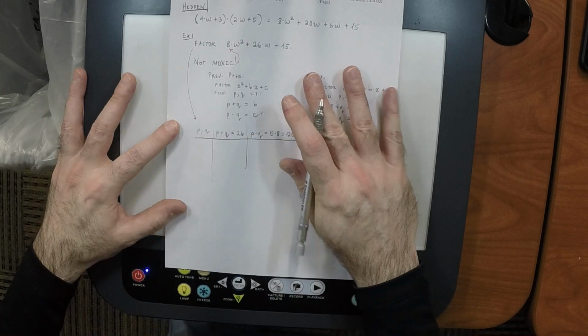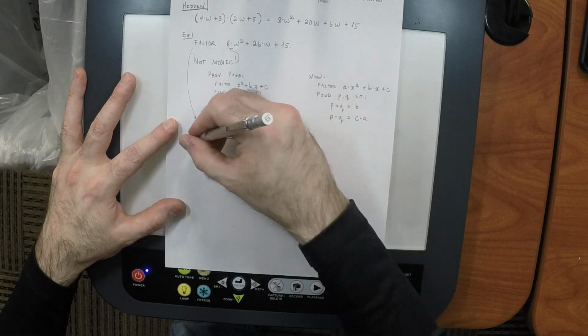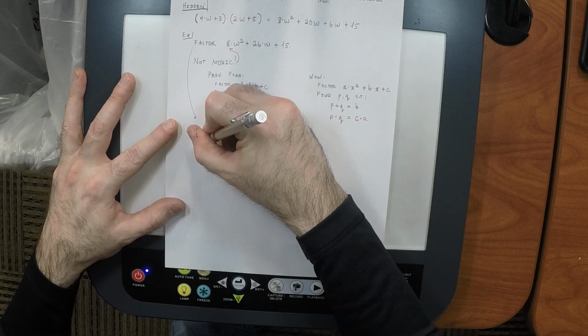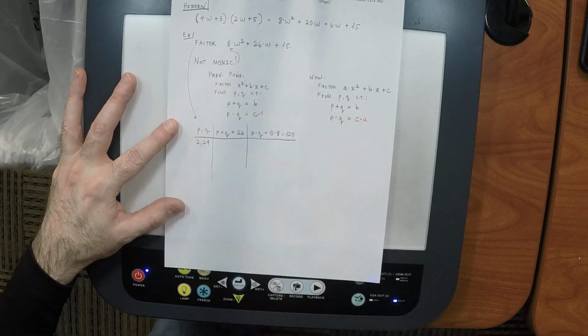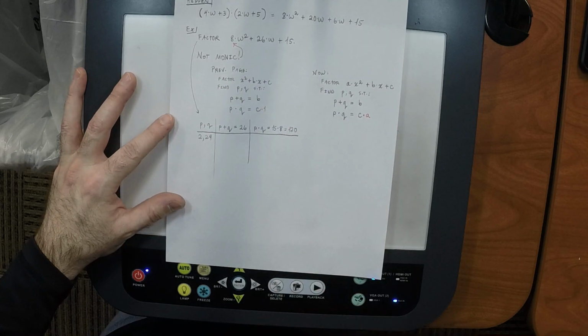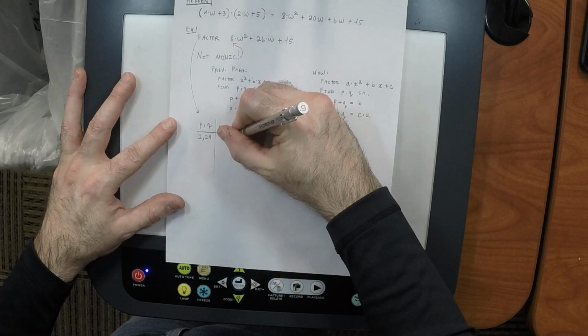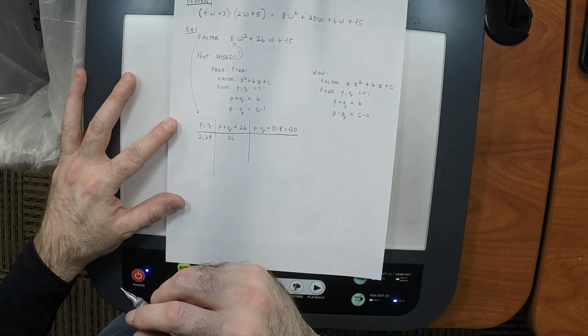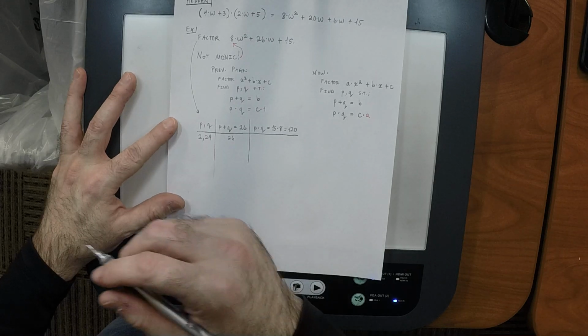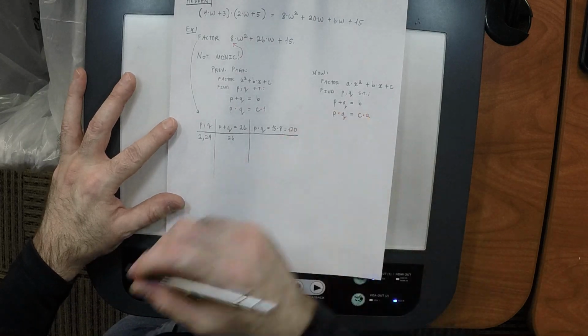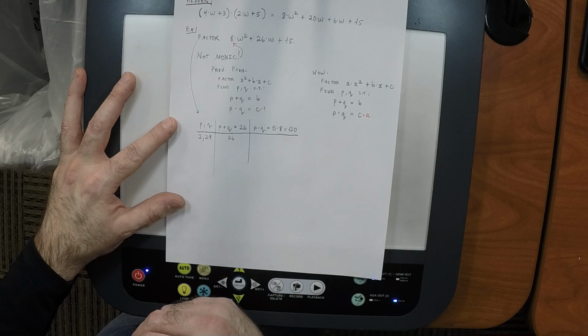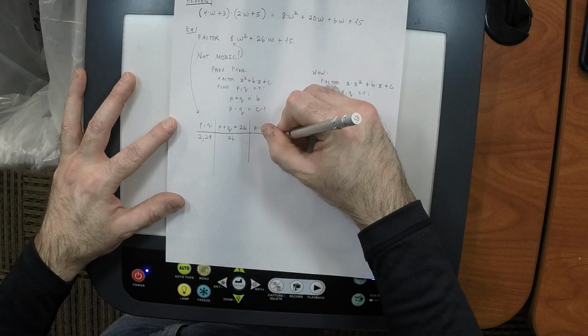So how about, I don't know, 2 and 24. That's a reasonable pair to inspect because when you add them, you get 26. But, but what? Yeah, when you multiply them, you get 48.